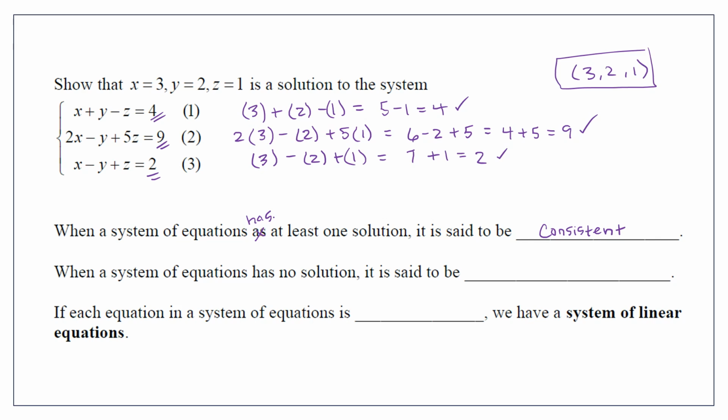When a system of equations has no solution, it is said to be inconsistent. If each equation in a system of equations is linear, we have a system of linear equations.